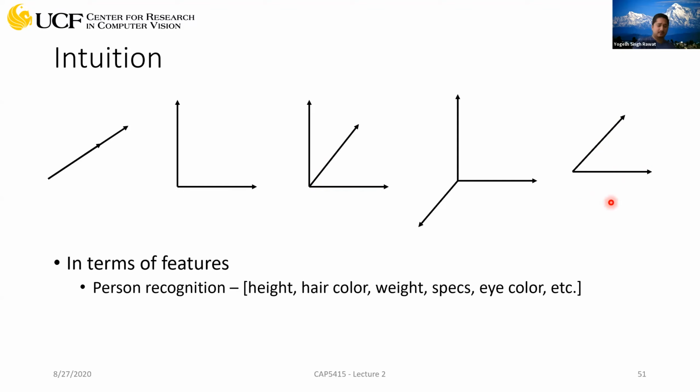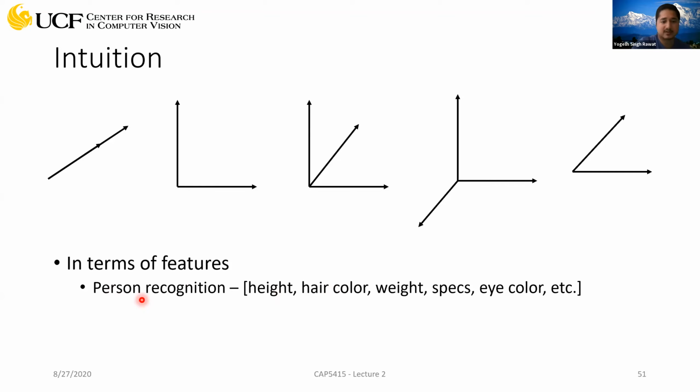Okay, so that's the mathematical formulation, but let's see how we use that when we do machine learning or deep learning, because we use vectors to represent features. Features are just numbers, but eventually they represent something. Conceptually, say we have to solve the problem of person recognition.